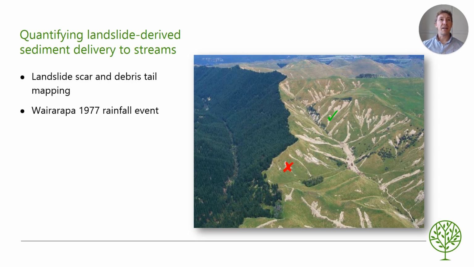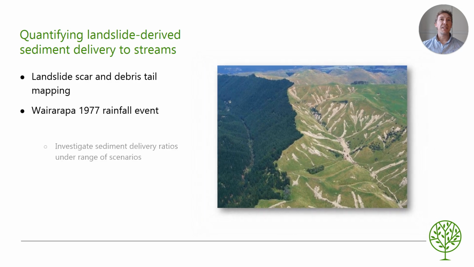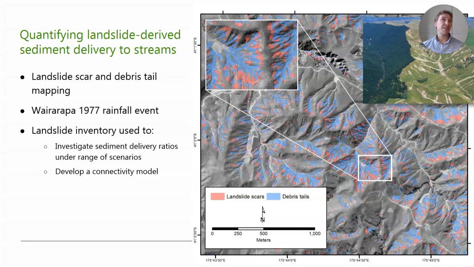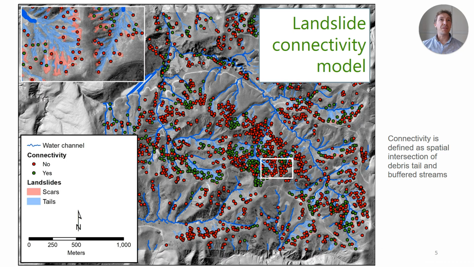And so I developed a statistical landslide connectivity model using a set of 2,000 landslide scars and 1,200 debris tails mapped in this image following the 1977 storm event in the Wairarapa. And the model is aimed at informing on the likelihood of delivering sediment to streams.